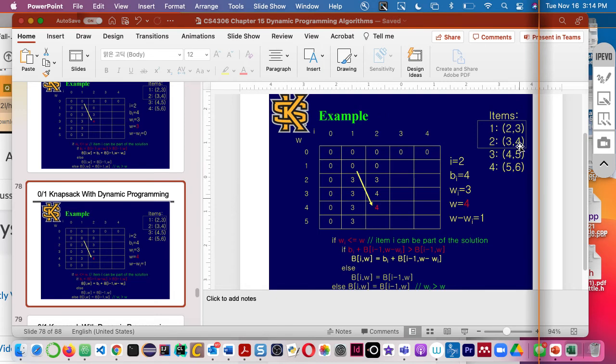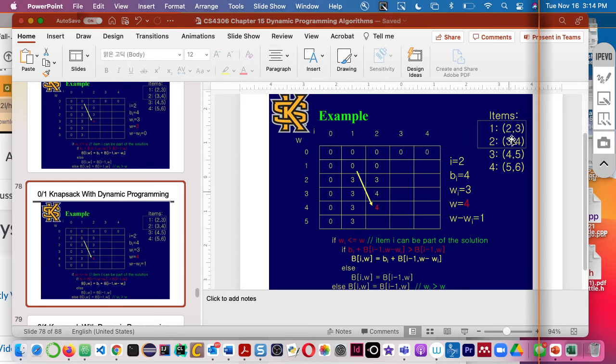So whenever you reach weight 5, your benefit will be 7. Until that, you cannot select 2 items. If your weight is less than 5, can you select both? No. Only when you reach weight 5, 2 plus 3, can you have benefit 7. Until that, your benefit is 4.